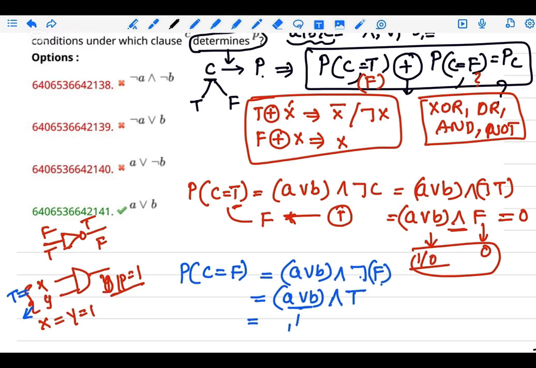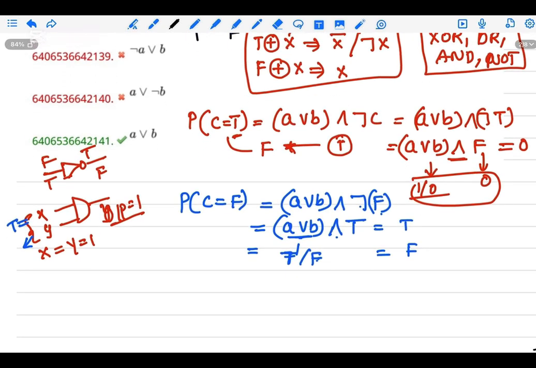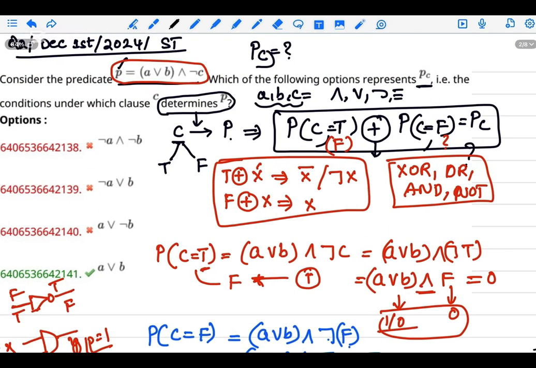If it is true, the result is true. If A or B is false, false AND true becomes false. So the final result depends on the value A or B only.